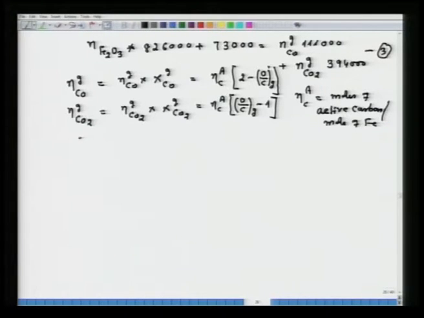Now, we know that NFe2O3 is equal to half. To produce 1 mole of iron, you need half mole of Fe2O3.